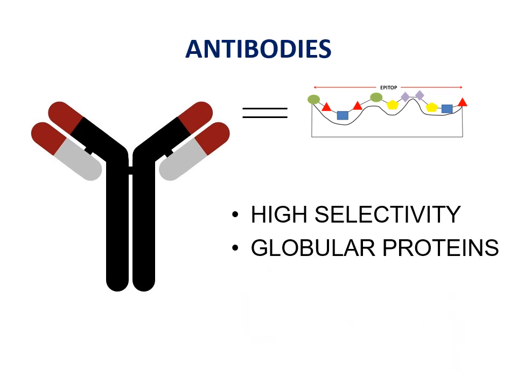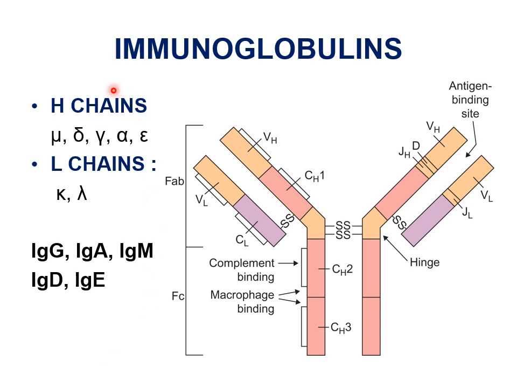Antibodies have a high selectivity, they are globular proteins, and here we can see the heavy chains and light chains, which can be divided into smaller parts, and this part at the end is the antigen binding site.